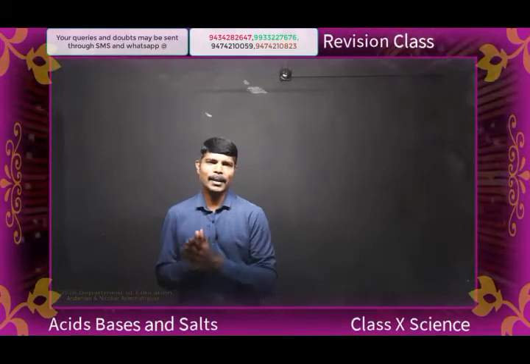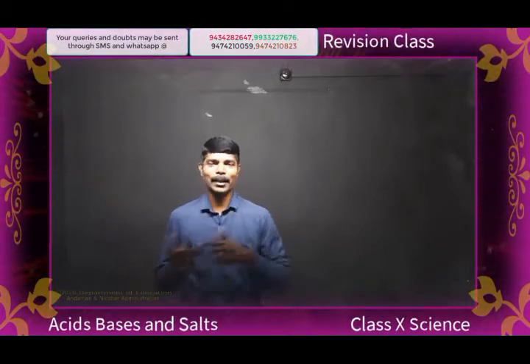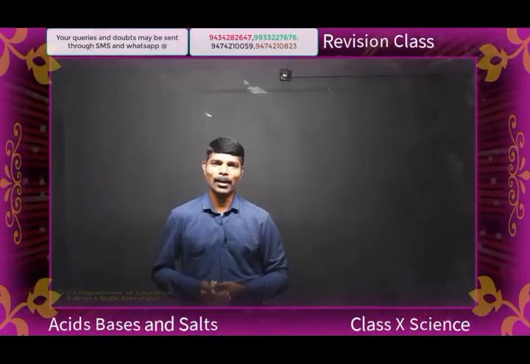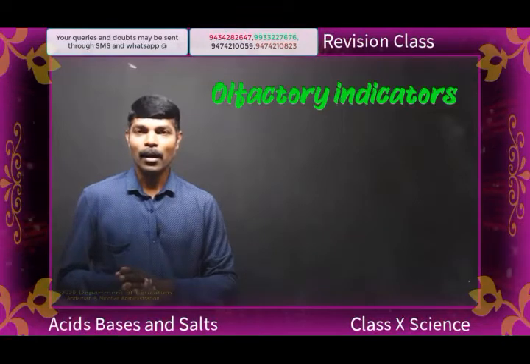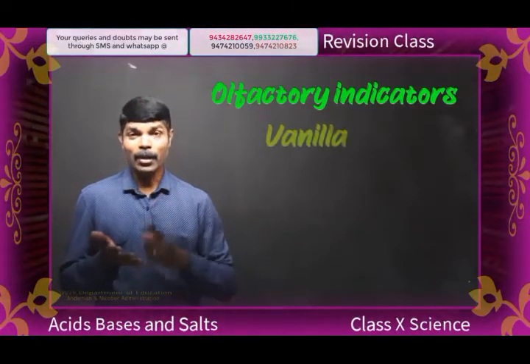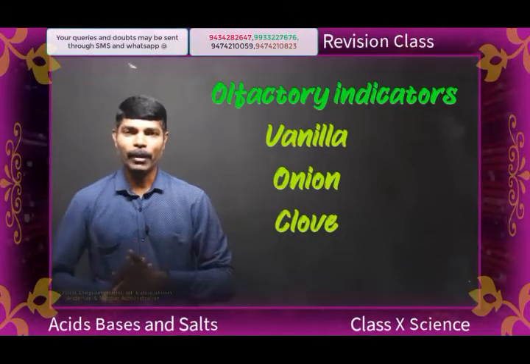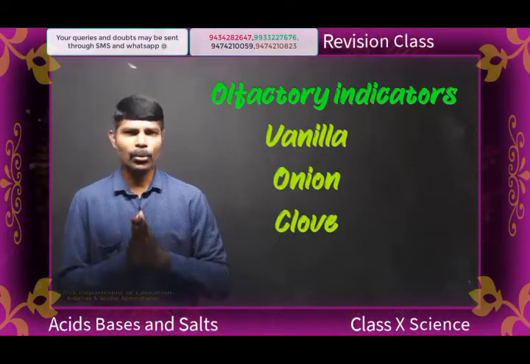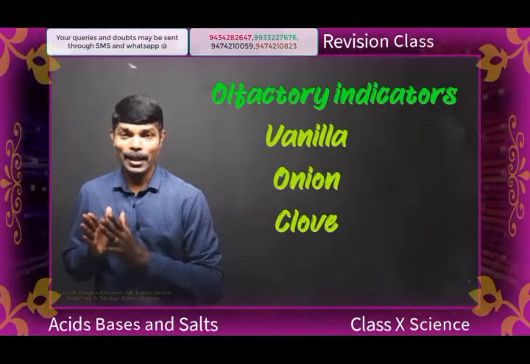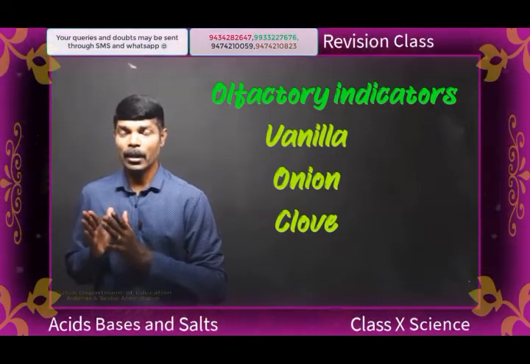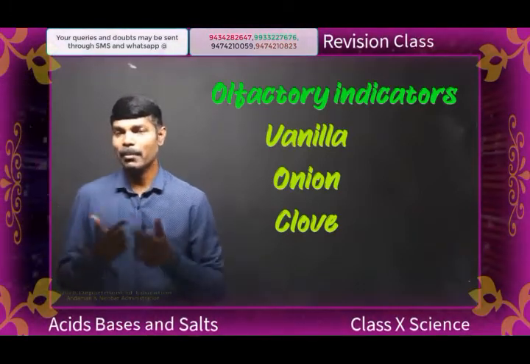Apart from these indicators, there are indicators which change their odor in acidic and basic medium. Such indicators are called olfactory indicators. Examples of olfactory indicators are vanilla, onion and clove. When we talk about indicators, you should know the synthetic indicators and what color change they show in acidic and basic medium.